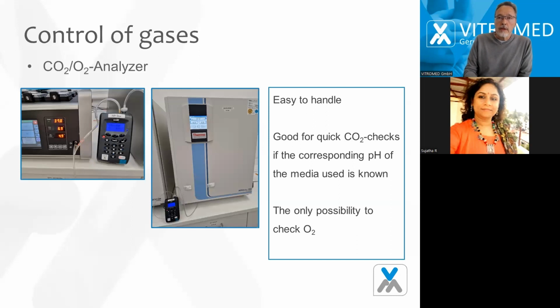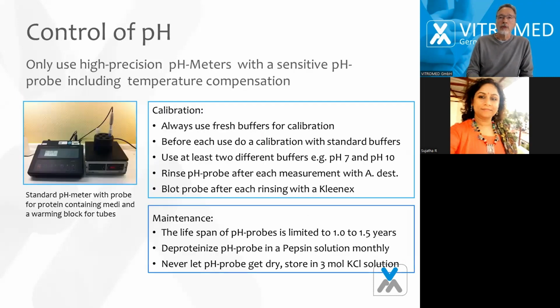For O2, as far as I know, such devices are the only way to check the O2 concentration. For the control of the pH, you can do this, like I told you, indirectly over the CO2 value.